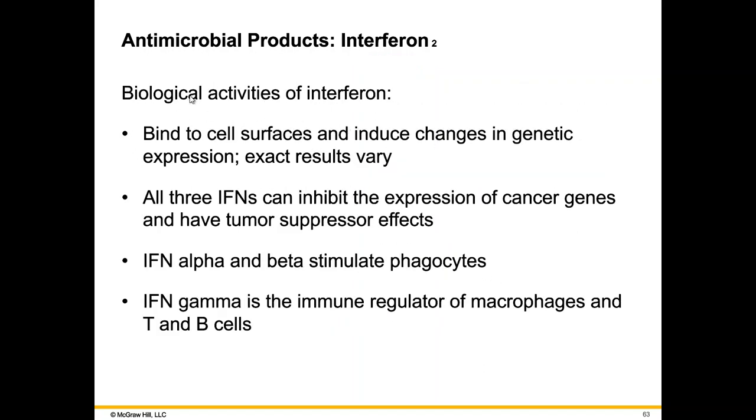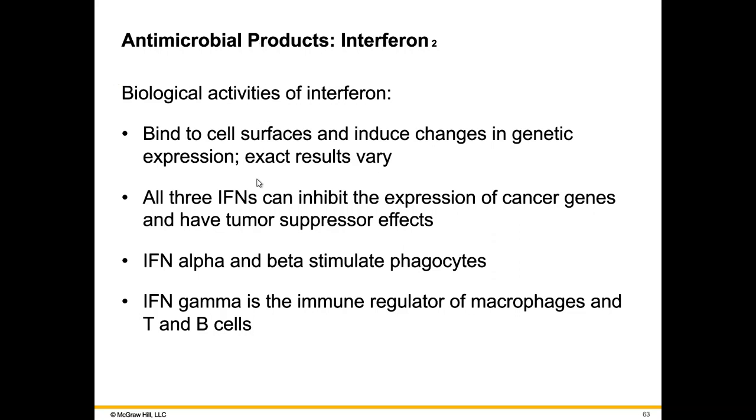So here is a list of some of the biological activities of interferon, which will explain what they do and how they work. What they do is these protein products bind to cell surfaces and induce genetic expression changes. And the exact results are going to vary depending on the interferon that we're referring to and the cell that it is binding to.